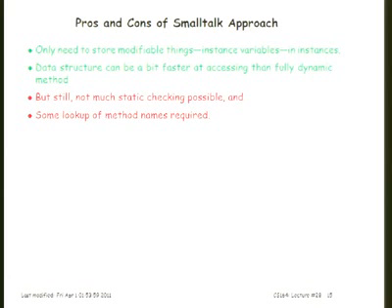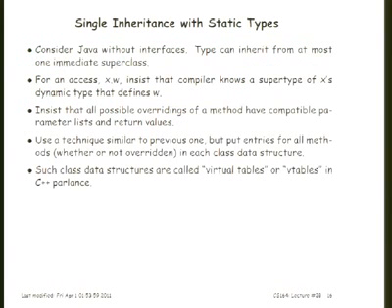Okay, so that's nice. Now let's see what happens when we add another language feature, static typing. So now everything will have its own static type. And so single inheritance, that's Java without interfaces.